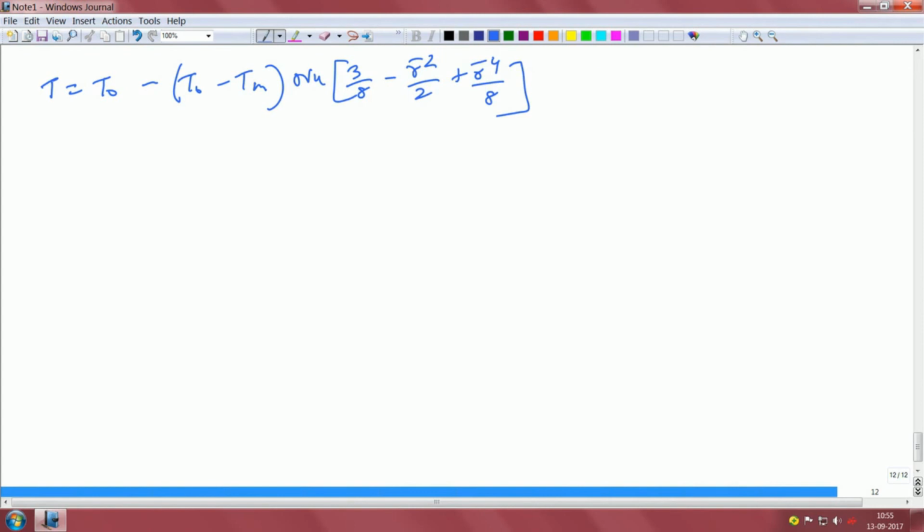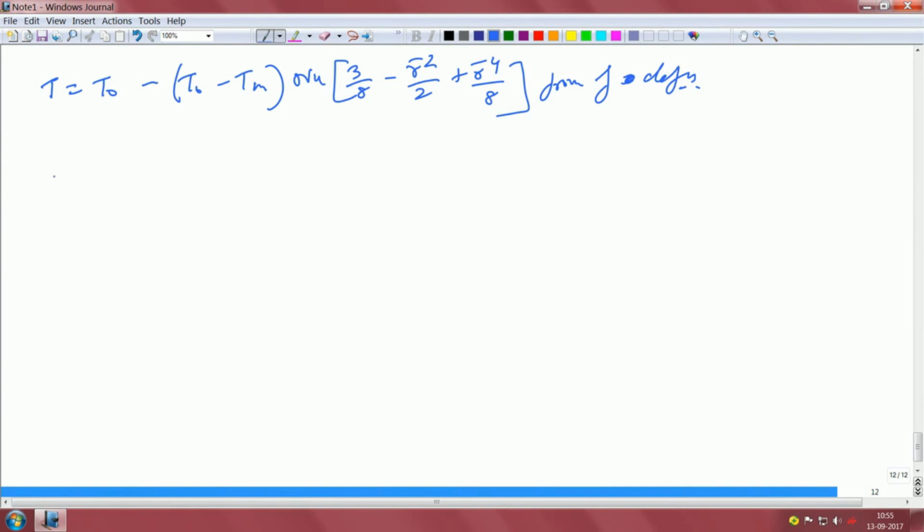So if you open up F, that is what you get, from the F definition. So that is what you are going to get.